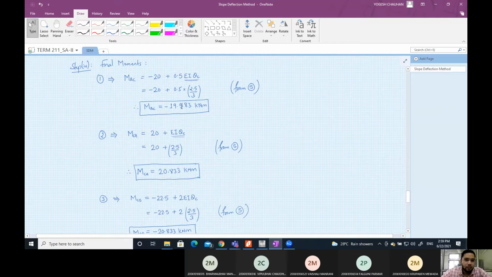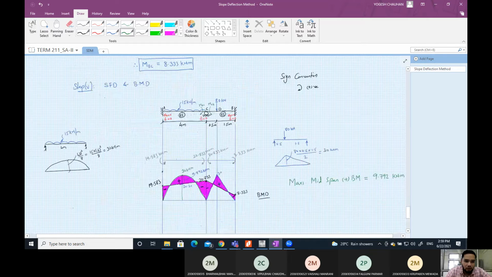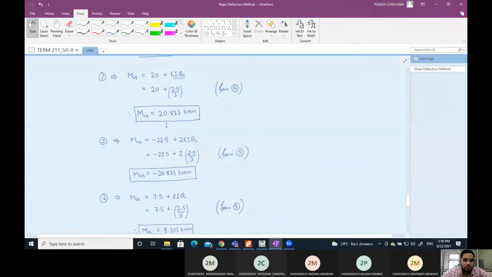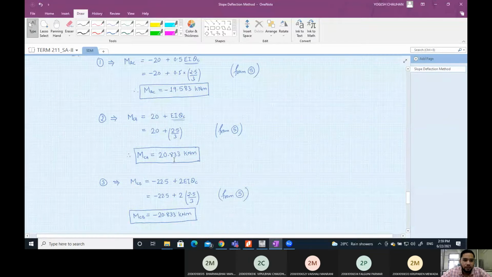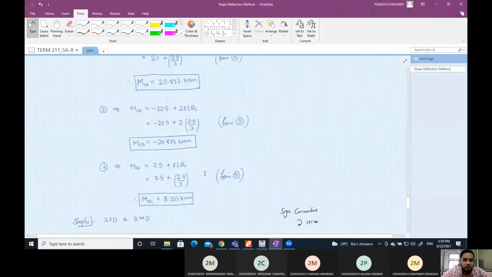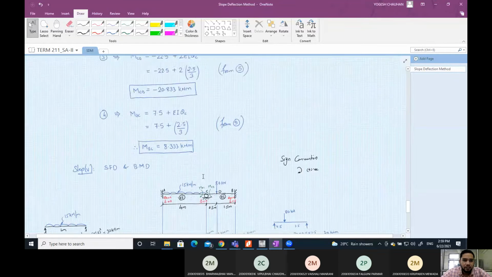Minus means our assumed direction, clockwise, was positive, so this is negative. That means it is anti-clockwise, 19.583. Then MCA is plus 20.833. That means it is clockwise.